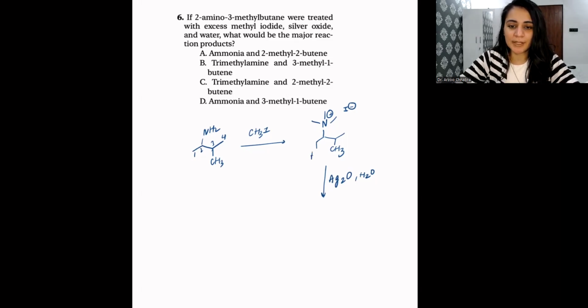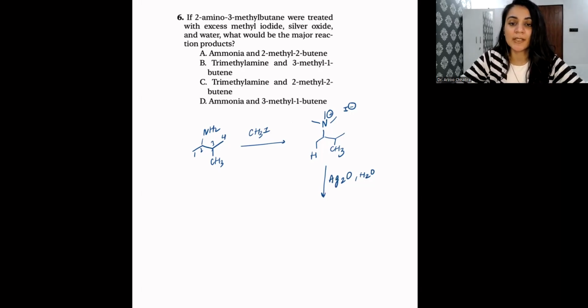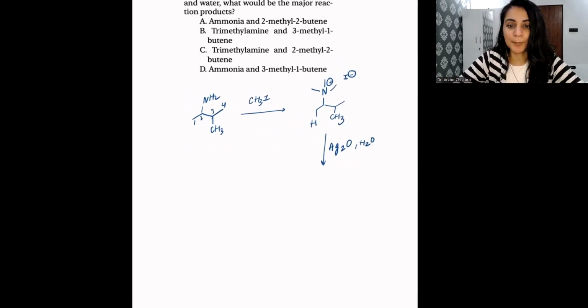That the base will come over here, grab this proton, or the base would come over here, grab that proton, put the electrons back in the bond, kick out the leaving group. However, you have to remember that in this elimination, the reaction is similar to one where the base is a bulky base. In other words, this is more like a reaction where the Hoffman product would be the major product.